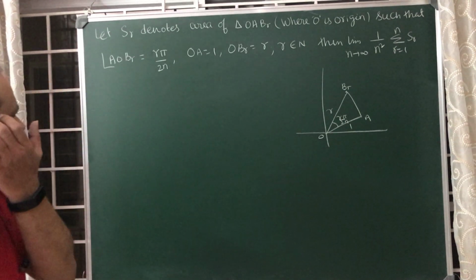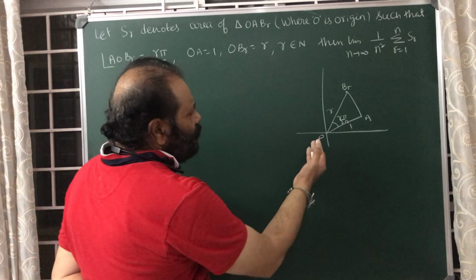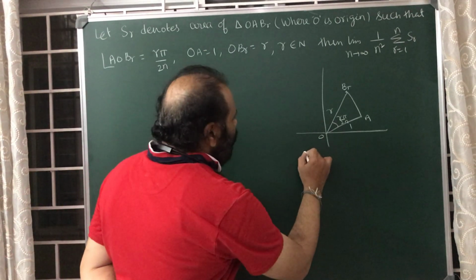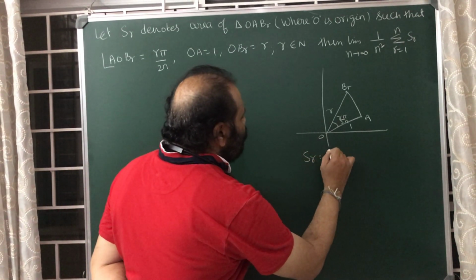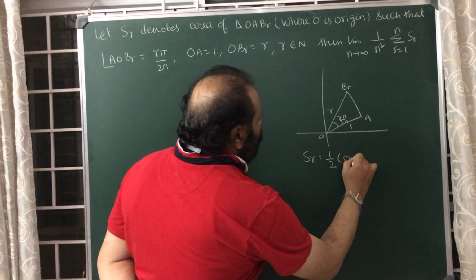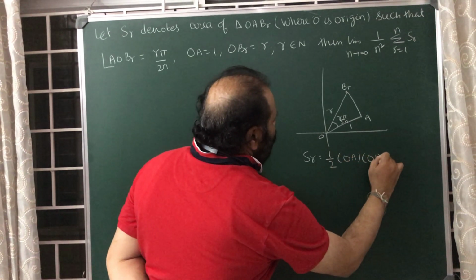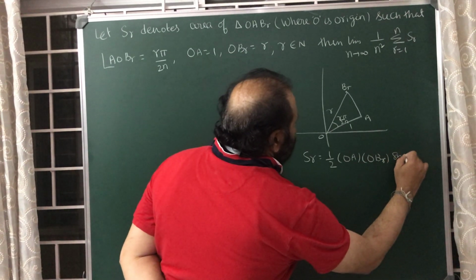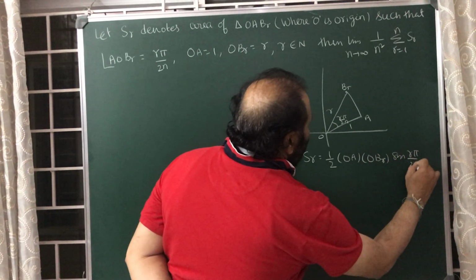How to find the area of this triangle? Area in vectors is half of OA bar cross OB bar. Likewise, S_r is equal to half into OA into OB_r into sine of the angle between them, meaning sine of r pi by 2n.